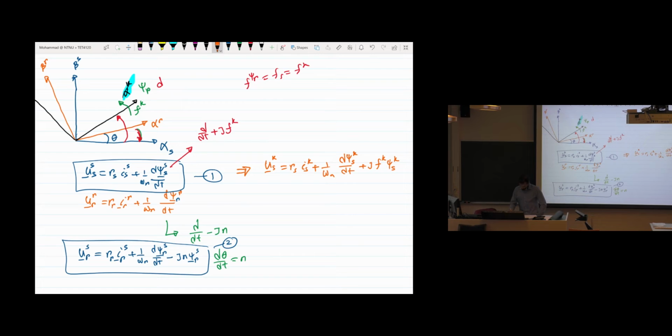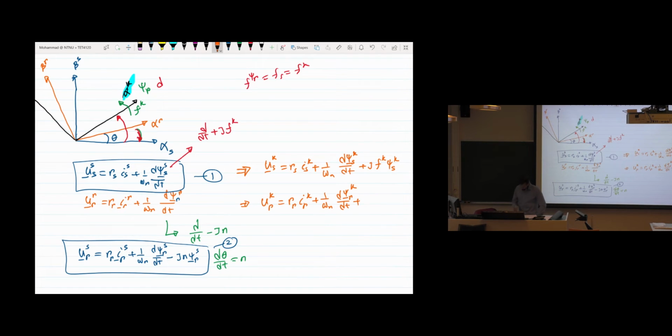And also for the rotor, we got the rotor, now in the k frame, and now we have rr irk plus 1/omega_n dpsi_rk/dt.